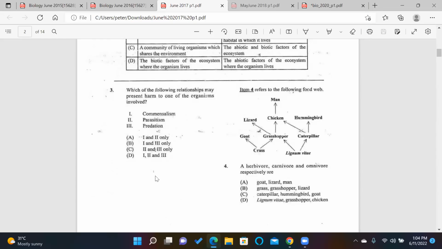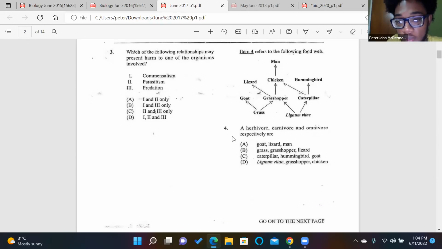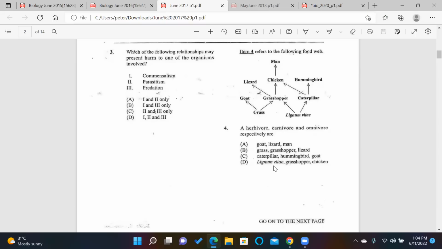C, 2 and 3. Correct. Identify a herbivore, carnivore, and omnivore respectively. We don't even have to look up here. Find a herbivore, a carnivore, and an omnivore. A.